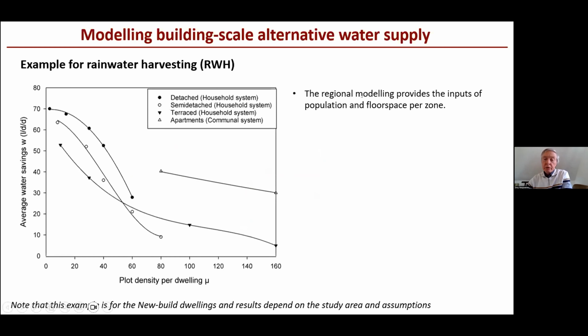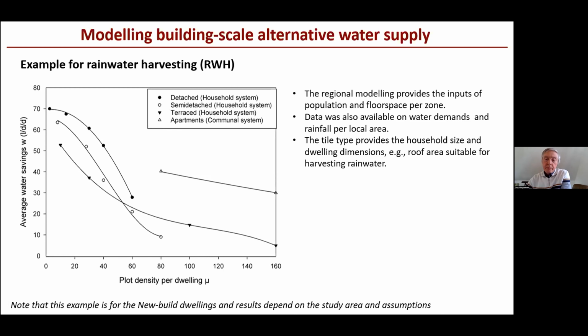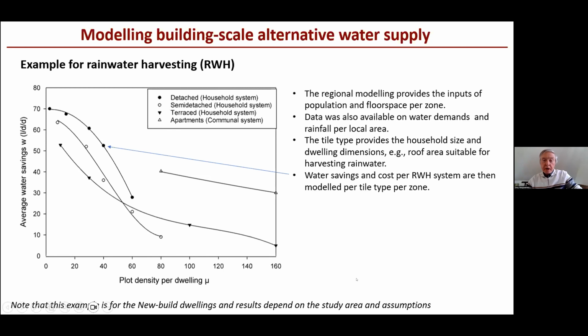The regional model provides the population and floor space per zone, and there's also data per zone available on water demands per person and rainfall, and so on. And then the tiles provide the dwelling dimensions and the household sizes and how much roof area would be suitable for rainwater harvesting. So for each of those 5 different tiles, for example, for the detached houses, the markers show the water savings for each tile, and then you can fit a function to those points.